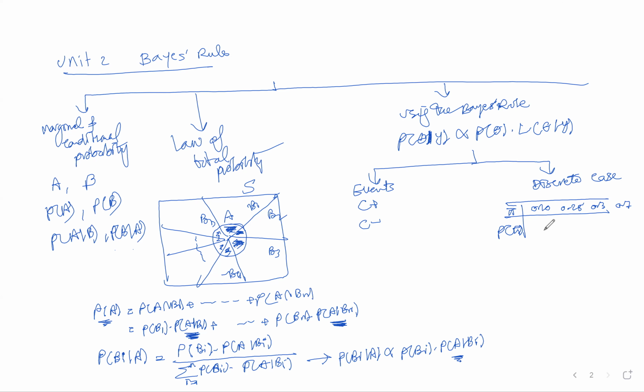The probability of 0.3 is 0.1, the probability of 0.7 is 0.1. The sum of these probabilities should be 1. This is called the prior distribution, which is the probability of theta, or probability of pi in this case.